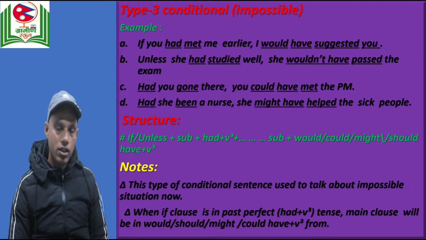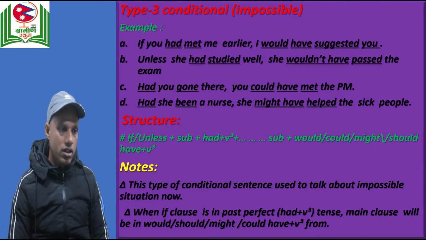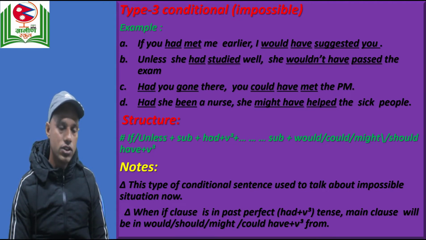And the last, in number D, we have, had she been a nurse, she might have helped the sick people. Yes, you can notice the verbs that we have underlined over here. Yes, and these verbs will help you to determine which form of verb is used in type 3 conditionals when you talk about impossible matters or impossible conditions.